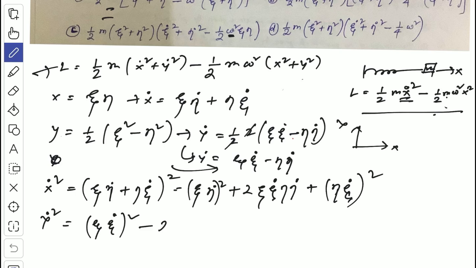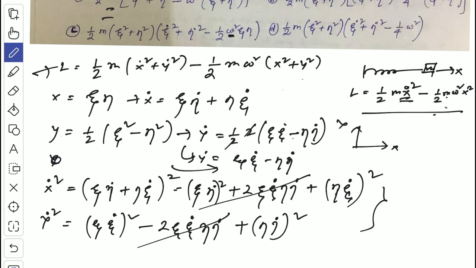Now if you add these, the cross terms will definitely be cancelled.